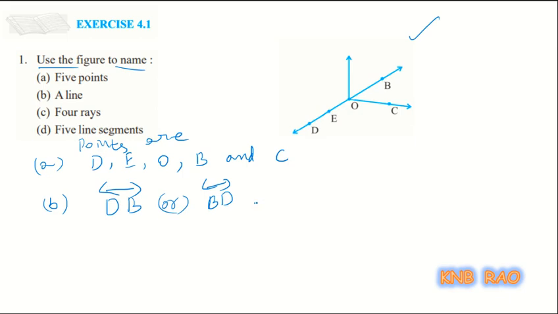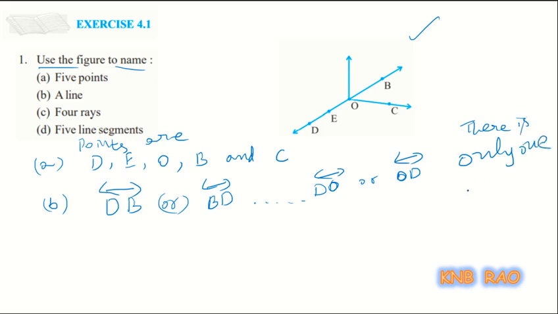For example, taking 2 more points, I can say line DO or line OD, both are lines with the same 2 letters. If I take line DE or line ED, it is representing the same line only. So, there is only one line, but it can be named using any 2 points on it.